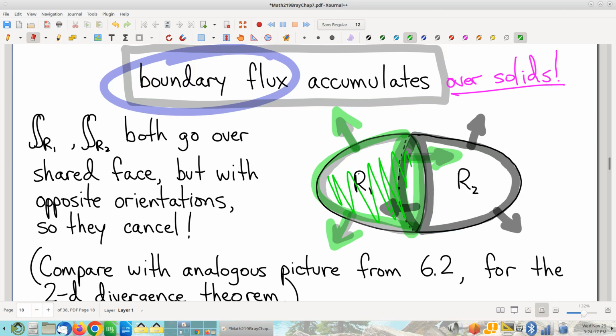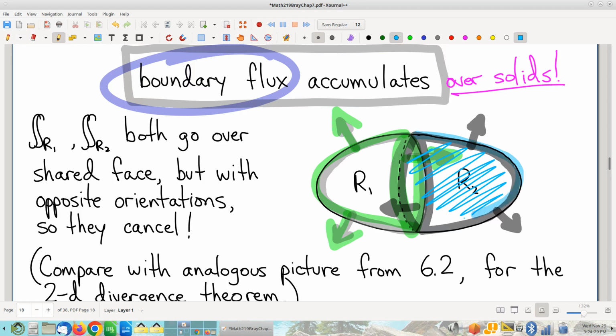Then we look at the second half of the solid right there. What can I say about the boundary of that second half? Well, there's this piece oriented away from the solid, of course, and then there's this piece oriented away from the solid. Again, we're talking about the boundary of R2 here, and so away from R2 would mean that way.